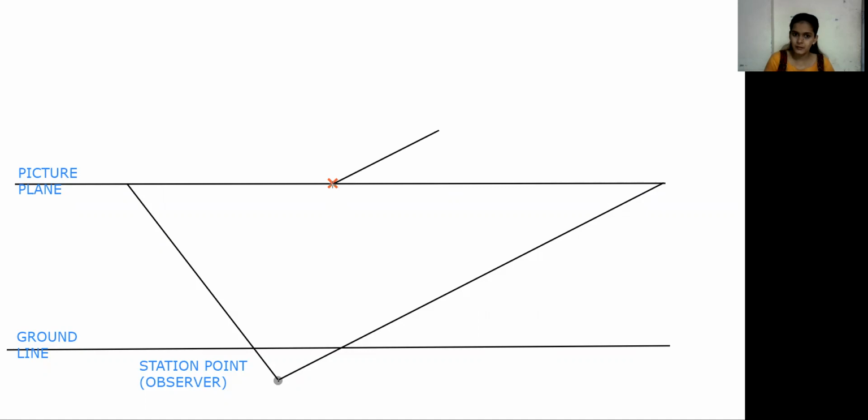And from this side, 60-degree line, you need to consider 3.6 centimeter, because our outer dimensions are 4.6 meter and 3.6 meter. So from 30-degree line, we will take the 4.6 meter, and from 60-degree angle, we will take the 3.6 meter.